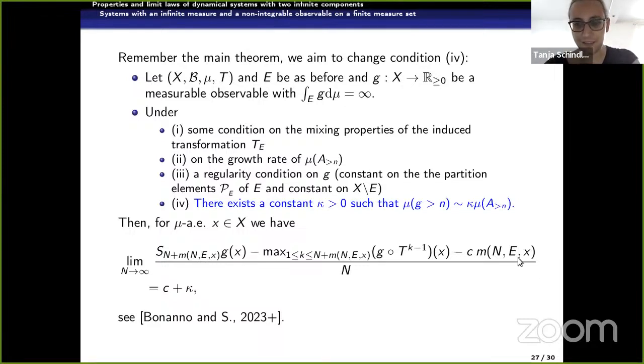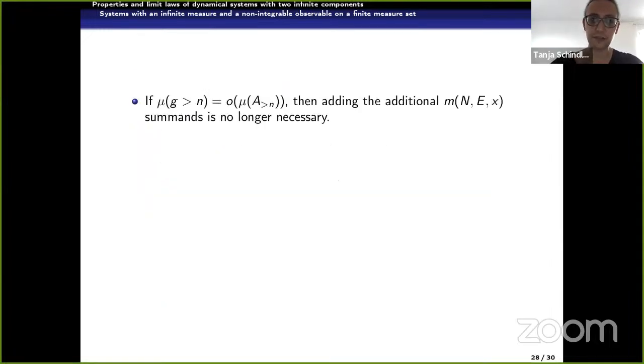And I already started talking about it. Here we have this constant n, and these two components, the infinite measure and the non-integrable observable, balance each other out in terms of the norming constant, but this is due to this very strict condition. This always felt a little bit artificial to me, that we have to have exactly this condition, and we want to weaken it a little bit.